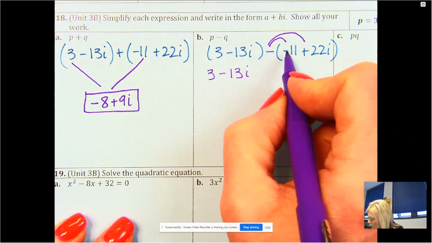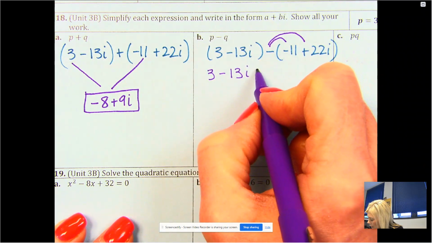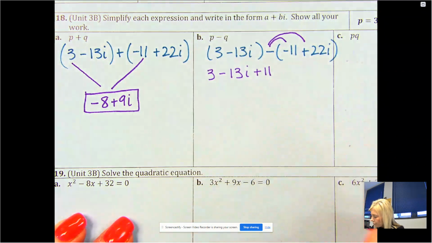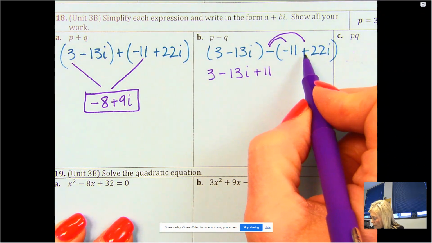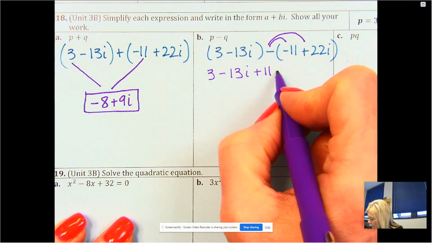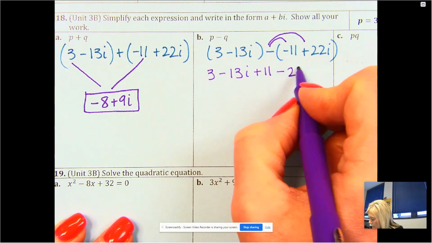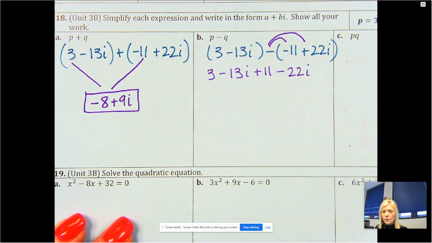But now minus negative 11 makes it a plus 11. And minus a positive 22i is just minus 22i. Notice I only have one symbol between terms. If you are using two symbols between terms, it makes it so confusing. Do not do it, okay?